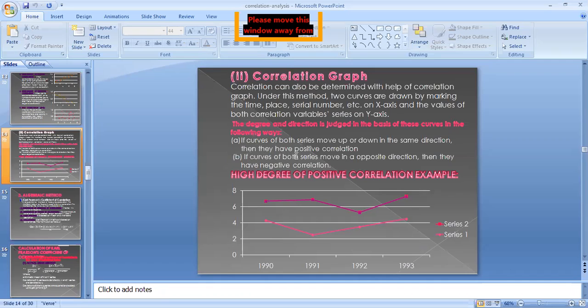For example, on the x-axis we take years 1992, 1993, and so on, and for different years we get the values of x and y. There are two series: series 1 in this color, and series 2 in another color. If both curves move in the same direction, up or down, the correlation is positive. If the curves of both series move in opposite directions, it is negative.